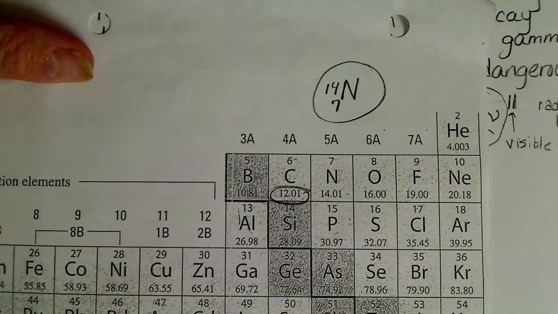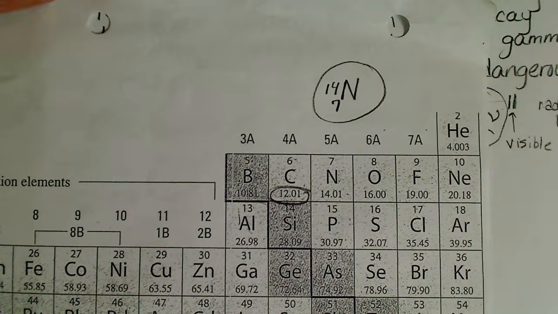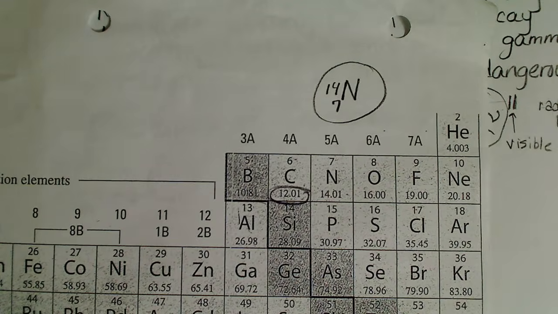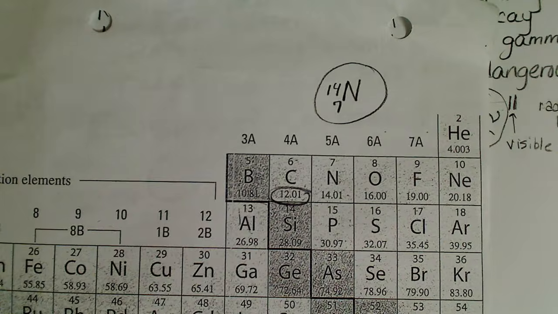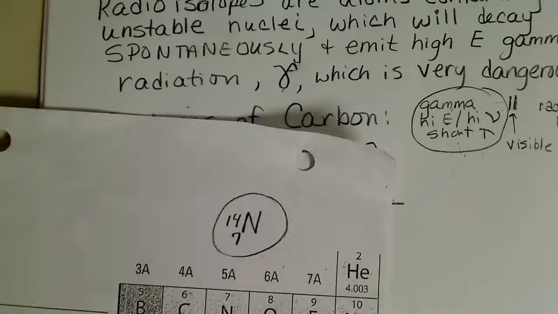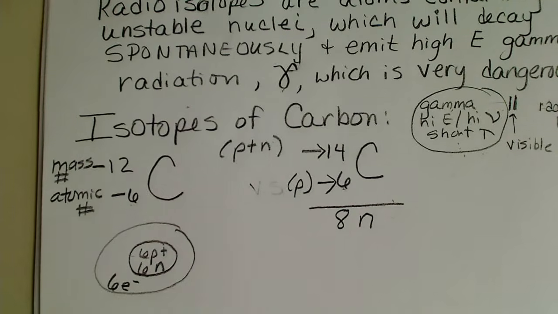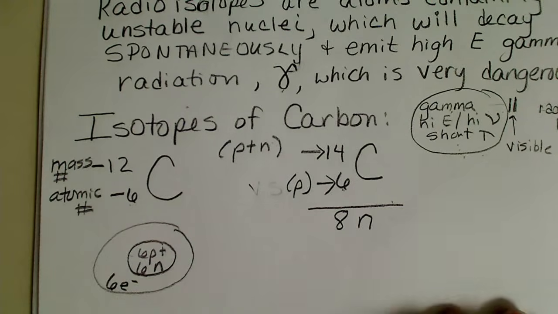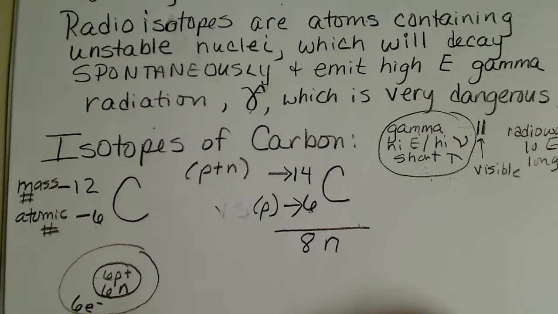So not every atom or nucleus is radioactive, because that would probably mean the end of the human population. But every atom has a variety of isotopes, and those isotopes that are unstable are going to decay spontaneously.